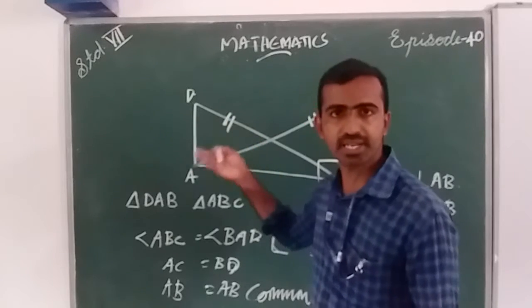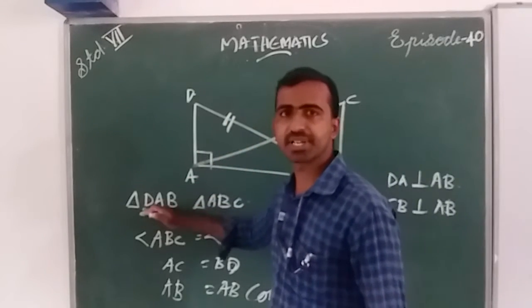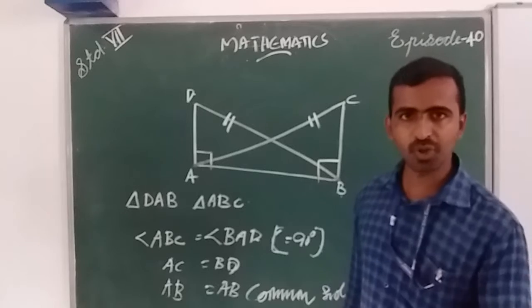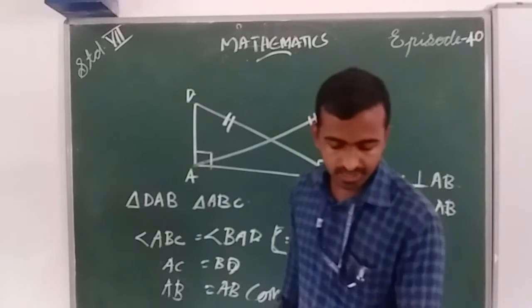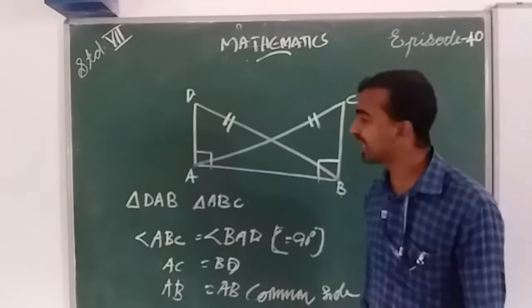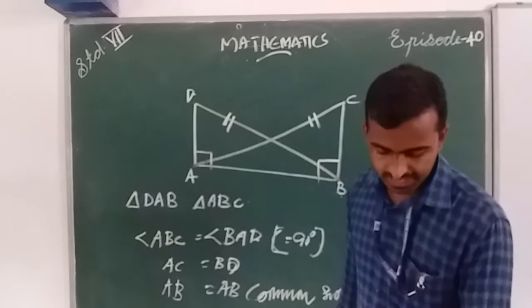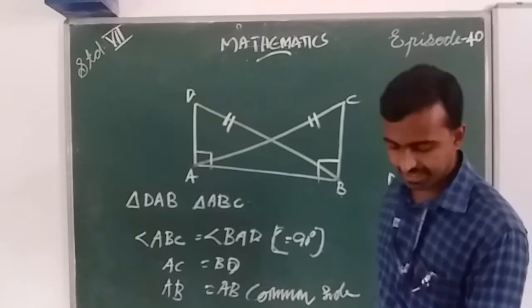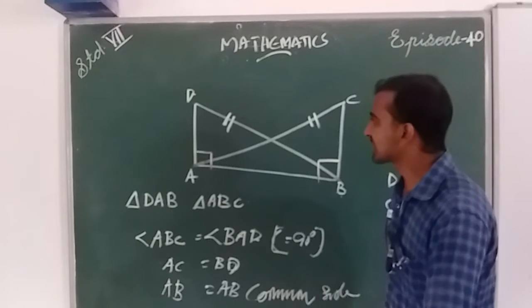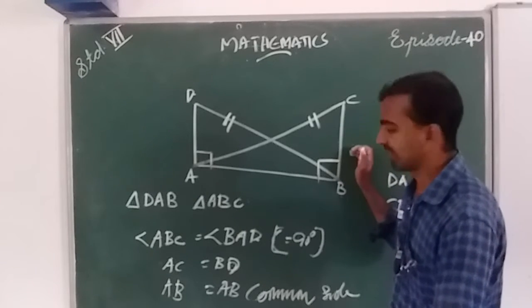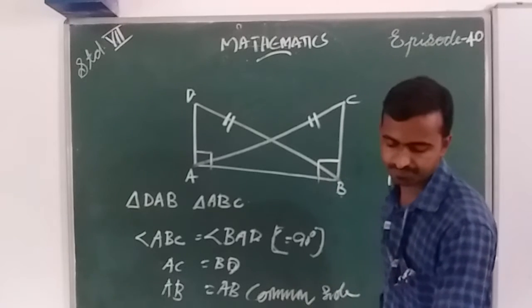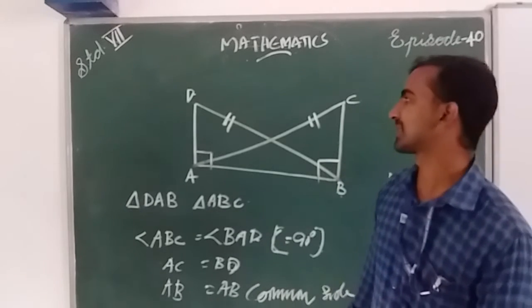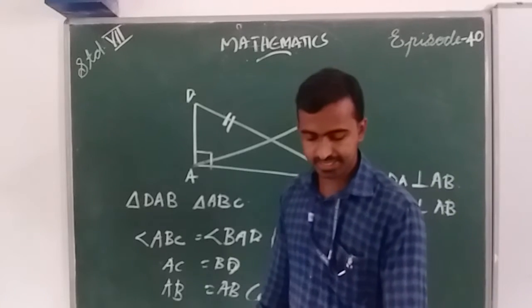For more clarification, according to your question, the names of the triangles are triangle DAB and triangle ABC. And the second one is triangle ABC and ABD.